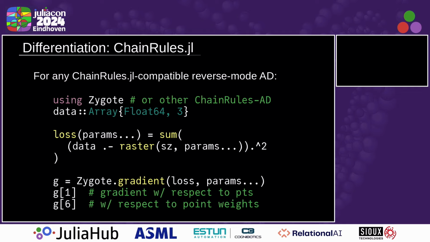So the AD system recognizes the reverse rules and basically provides you with the backward pass. And then you can access, like this example shows Zygote, right? You know how to use it. You can then access a gradient of this scalar loss function with respect to the input parameters, like so.